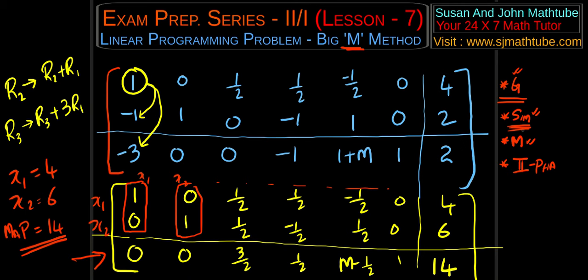So be prepared with the 4 methods, so you get 15 marks. This linear programming problem is worth 15 marks. And one more very important thing, when you try a linear programming problem, make sure you work out the questions really slow and with a very cool mind.